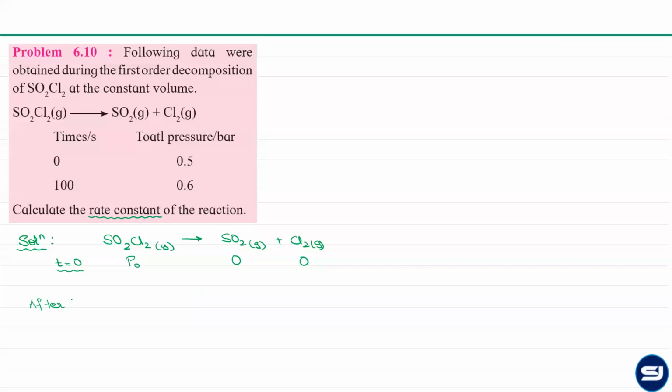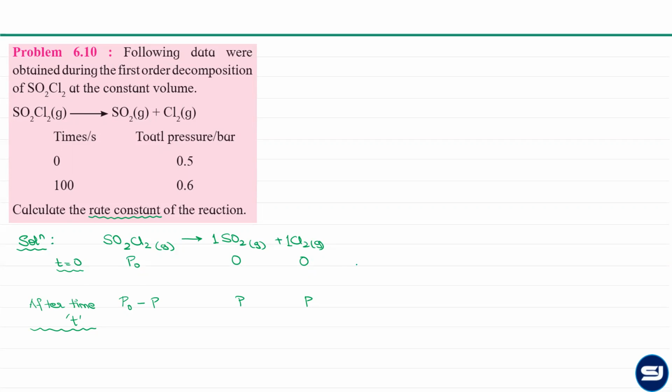Now, after a time t, let the amount which is decomposed of the reactant be equal to P. तो यहाँ पर stoichiometry 1 ही है दोनों का, तो अगर ये P लिया तो even this will be equal to P. Yes, sir. And now, if P amount of the partial pressure is lost, how much is remaining? P naught minus P. So delta P. P naught minus P. ठीक है? So P naught is the initial pressure and P naught minus P is the final pressure.